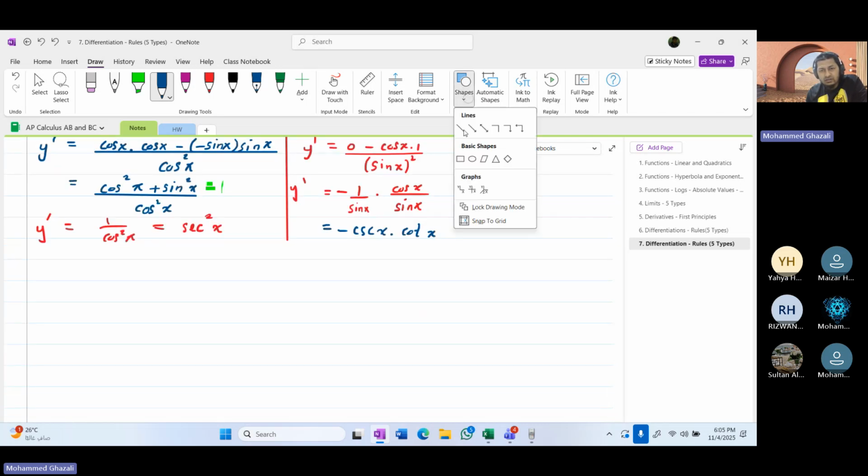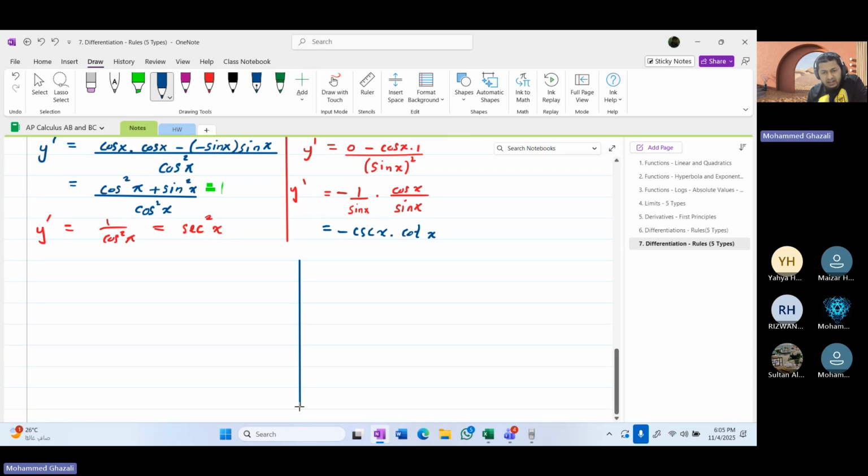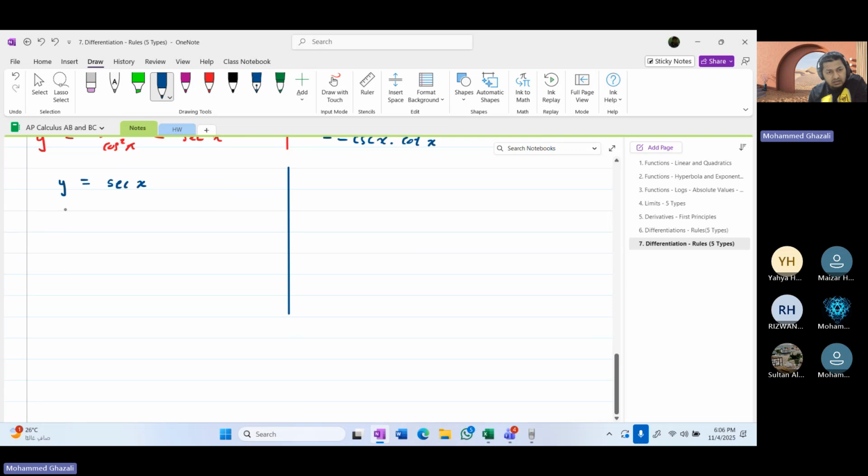Now we only have two left, which is sec and cot. y is equal to sec x. What's the derivative of sec x? y is equal to 1 over cos x. So y prime will be, derivative of 1 is 0, leave the bottom, which is cos x. I'm not going to multiply the bottom, subtract, differentiate the bottom, which is negative sine x, and leave the top, which is 1, right, divided by cos squared x, because you're squaring the denominator.